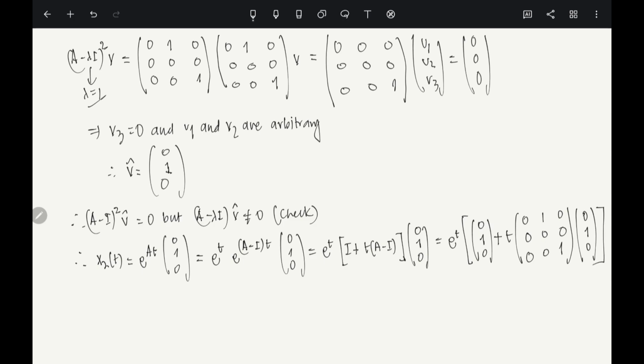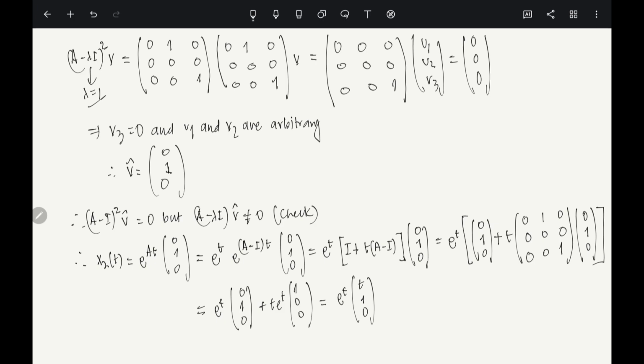So if you write it properly, it becomes e to the power t times t, 1, 0. I hope this is correct, so please check this part. I think my calculation is okay. If you write everything properly, this is what we end up with.